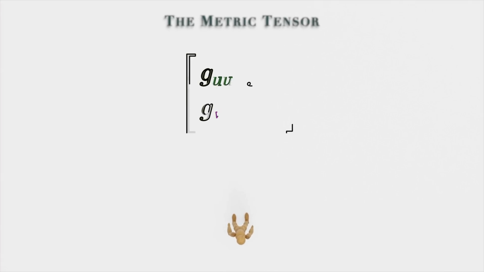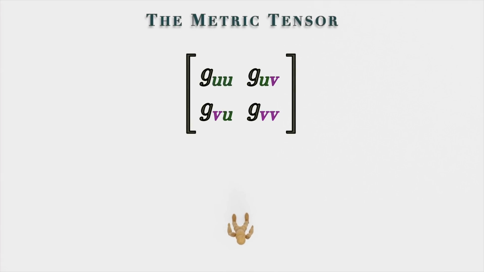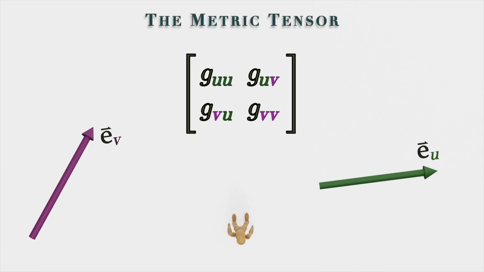Well, instead, we can start by giving them the metric tensor. The metric tensor contains only scalar values, and hence does not explicitly reference the external space. Yet, it still contains all the requisite information about our basis vectors.